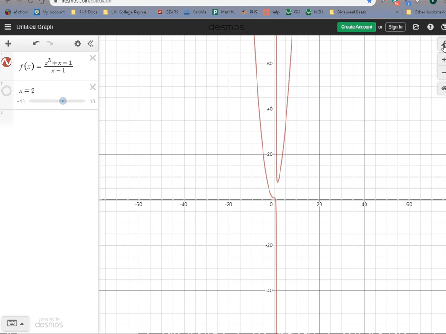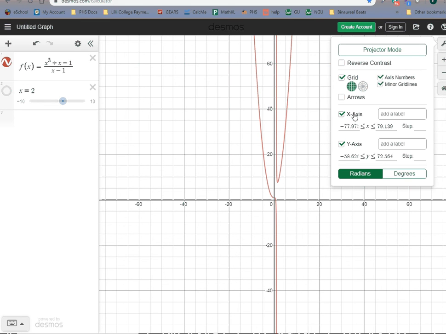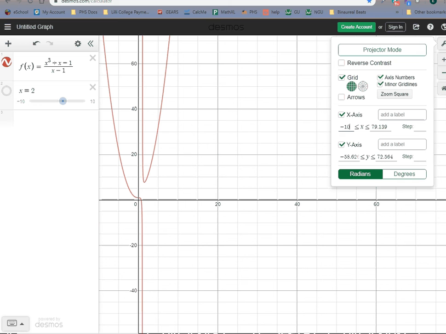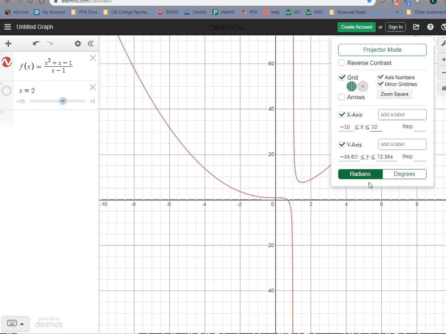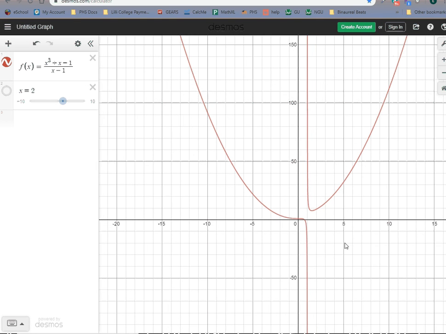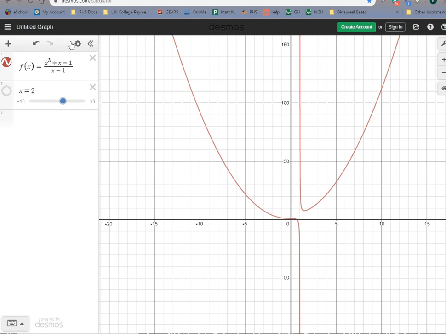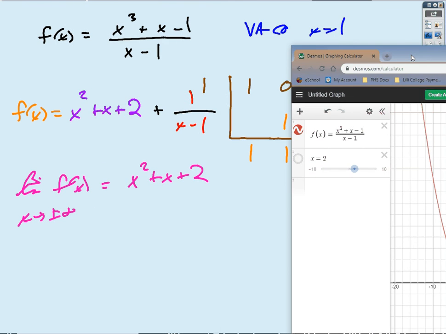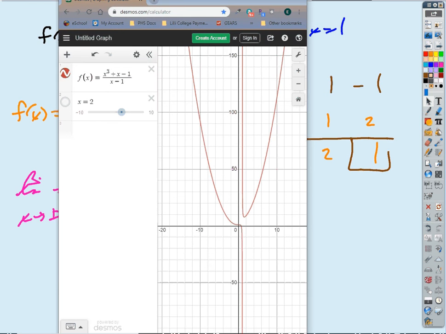So if we go up to the little toolbar where I can set the size of the window, what if we went from -10 up to +10? Now how about if I zoom out from there? What are you starting to see now? If I superimpose that parabola we had, what was it again? x squared plus x plus 2.